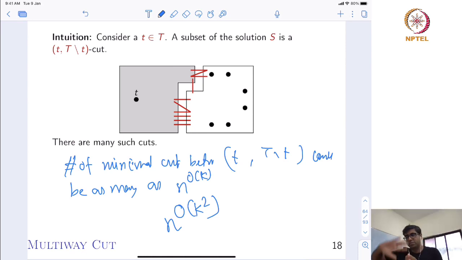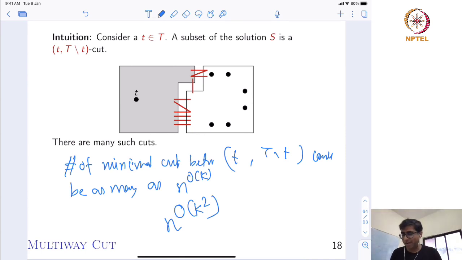So you pick one such terminal, try to separate it from the others, and every time you know that you are going to incur a cost of at least 1. So the branching depth is at most k, but the branching factor is going to be n to the power big O of k, because you are enumerating all minimal cuts. So this is a natural algorithm, but it does not work because the number of minimal cuts, as we have seen, could be as bad as n to the power big O of k.